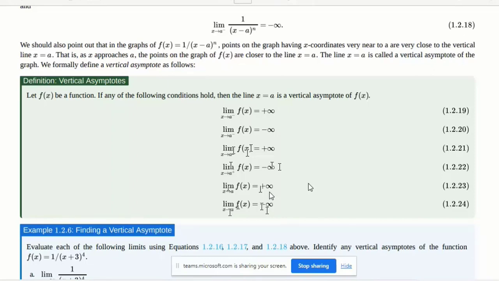I'm trying to look at the pattern. Is everybody following these six equations, or is there anyone who is confused? If you are confused, don't worry. It will become clearer with the examples that we'll be dealing with. Are we okay?